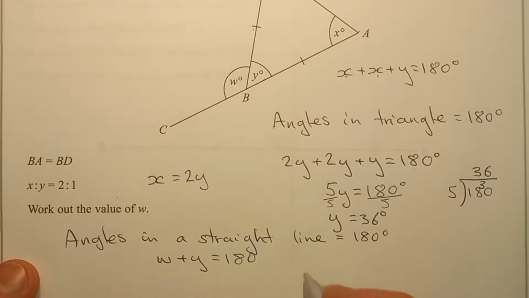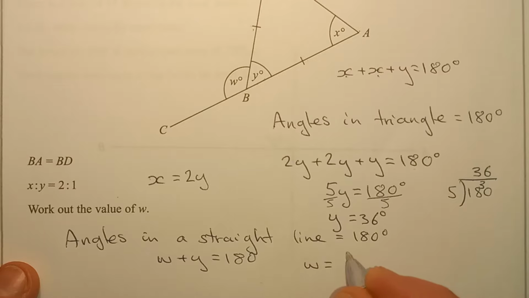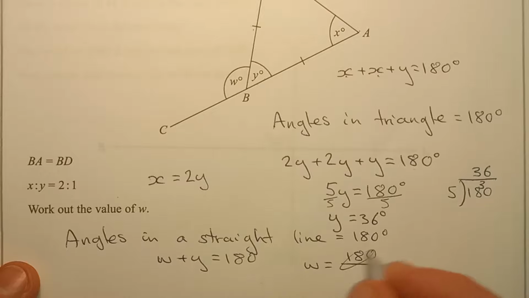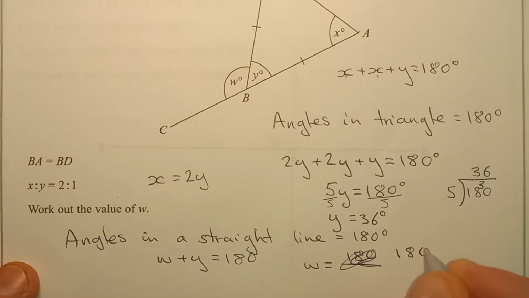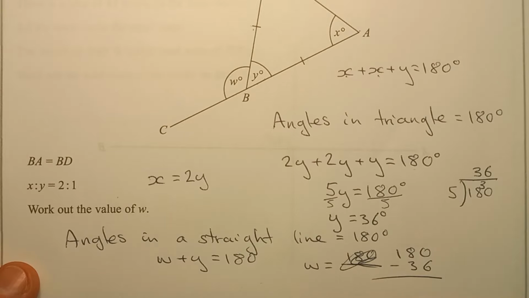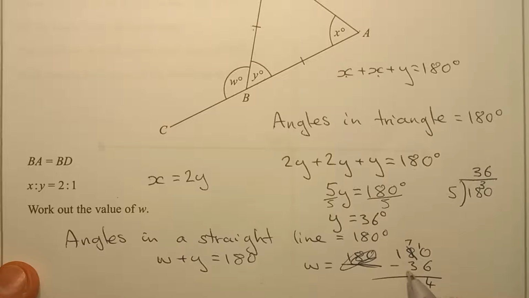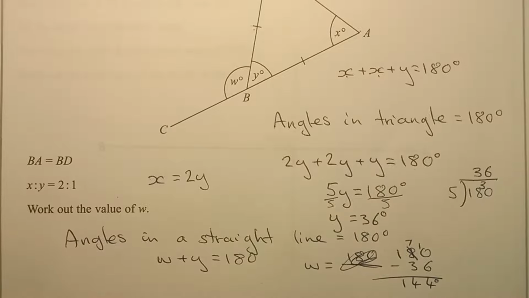So if we want to know what w is, it's going to be 180 minus y, which we've worked out as 36. Sorry, not divided by. 180 minus 36. So 0 minus 6 we can't do, so reduce the 8 to 7. Now we've got 10 minus 6 is 4. 7 minus 3 is 4. 1 minus nothing is 1. We've got w equals 144 degrees.